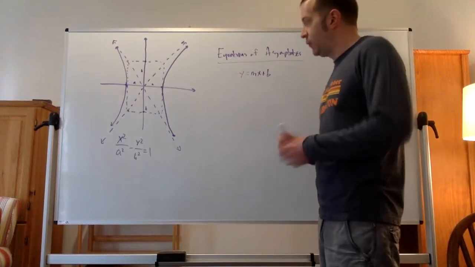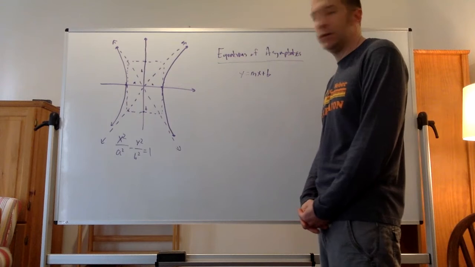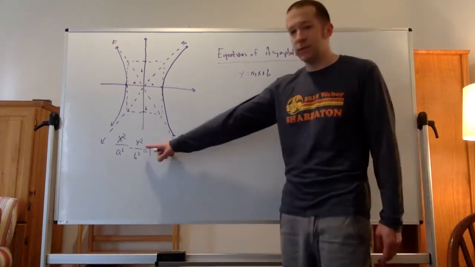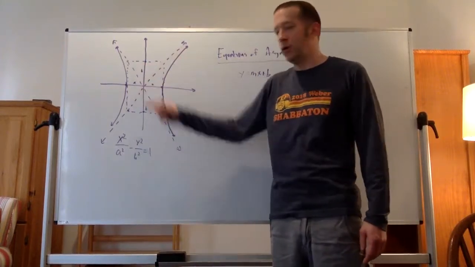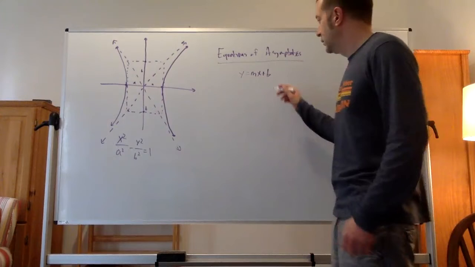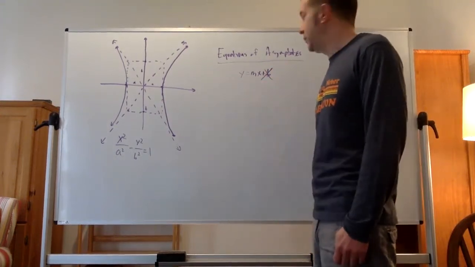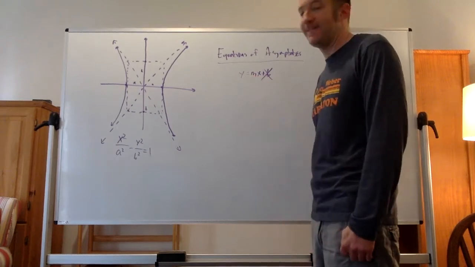And this is what I meant before about when they're centered at the origin, it makes the asymptotes easier. Because when the hyperbola is centered at the origin, like this one is, both asymptotes go through the origin, which means b is going to be 0 for all of these. So I'm never going to have to worry about b. It's always just going to be 0. All I have to do is figure out what m is.